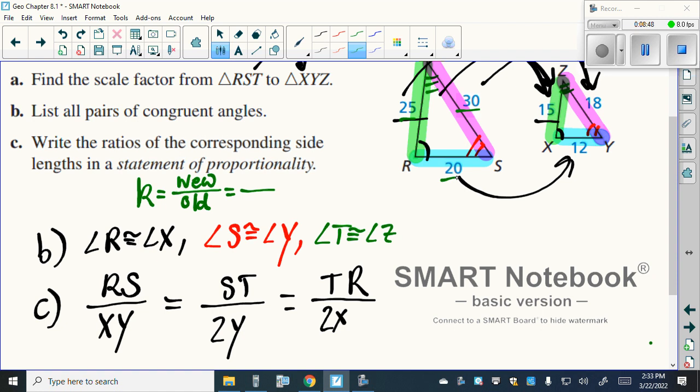That's where we're starting from, yes? So pick one of those for our old values. 20. And it would go on bottom because that's where we're coming from. Where are we going to? So to get the scale factor, we do 12 over 20 because we're going to 12. We came from 20.